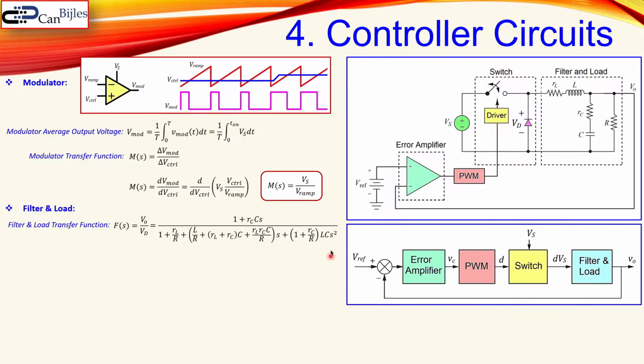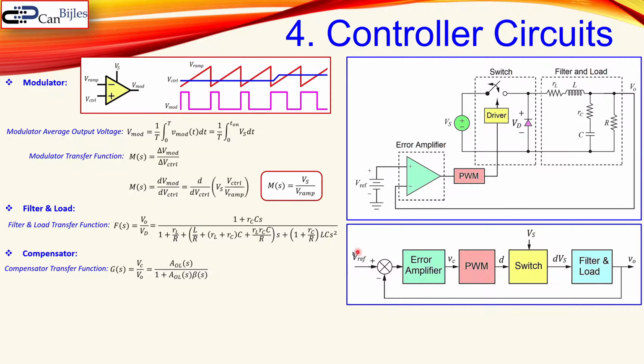I see here a second order expression. We have a 0 and 2 poles for this filter and load transfer function. The compensator itself can again be type 2 or type 3. Now the compensator transfer function G is then the VC over VO.